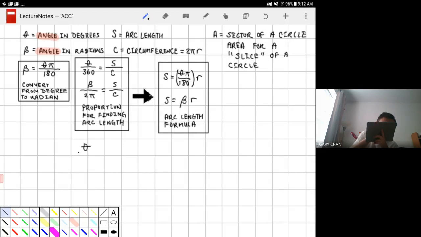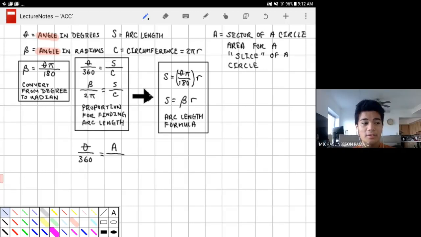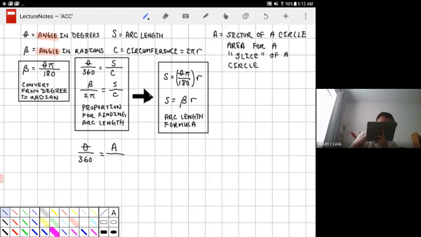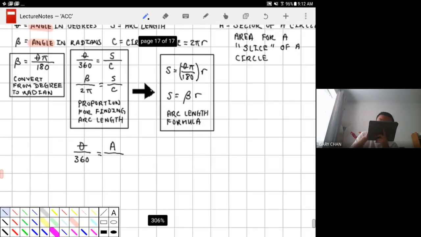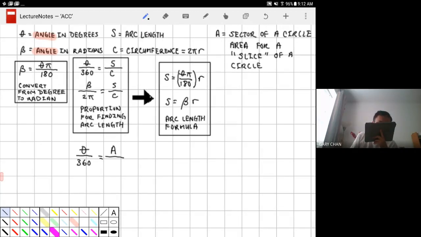So theta over 360 should equal, I'm going to use the letter A for the area of the sector, over what's the area of a circle again? How do I find that out? The area of a circle. Pi r squared. So over pi r squared.